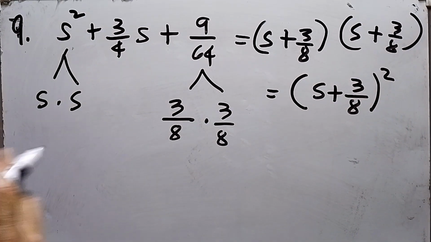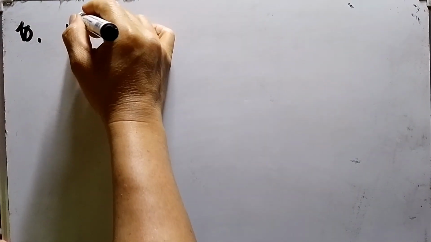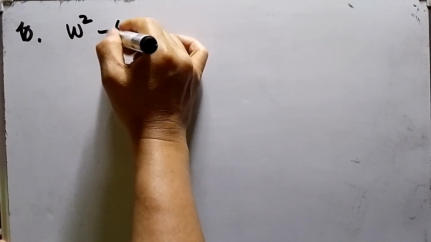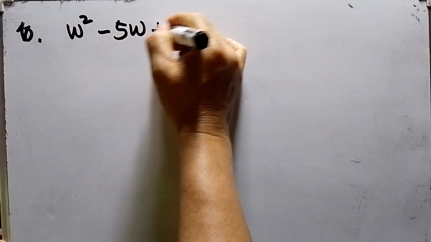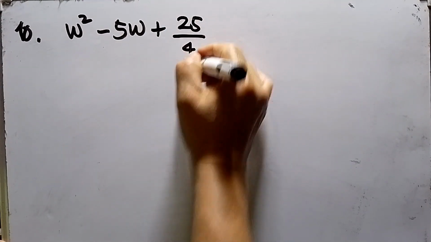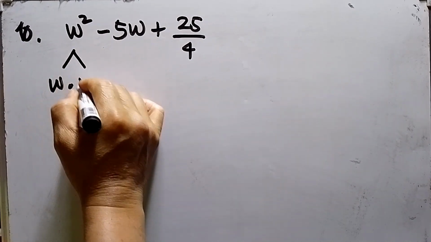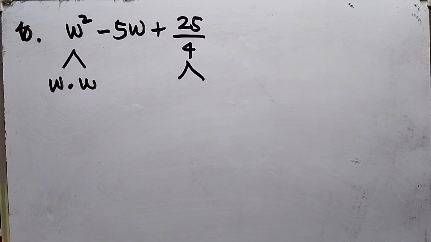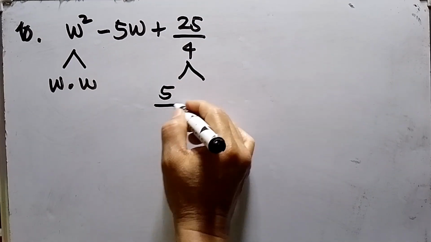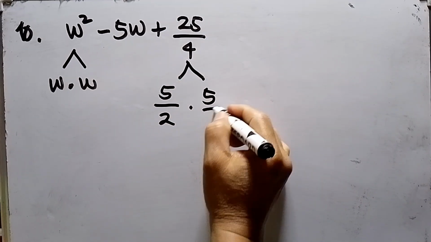And then the last number, number 10. w squared minus 5w plus 25 over 4. Factors of w squared. We have w times w. How about 25 over 4? This is 5 over 2 times 5 over 2.